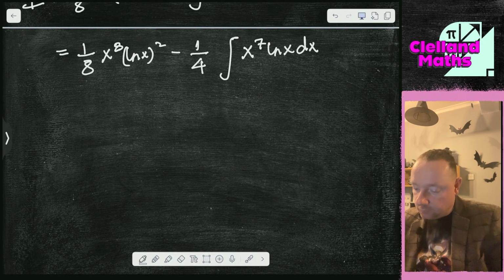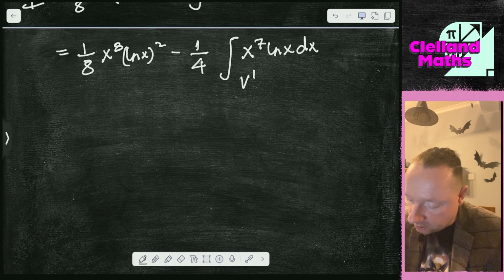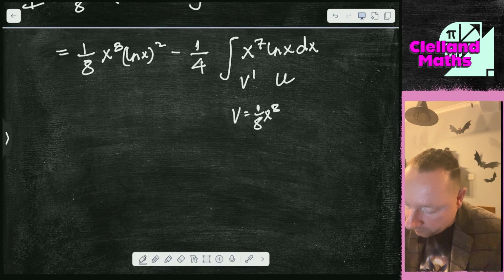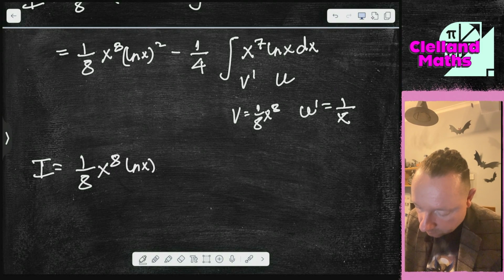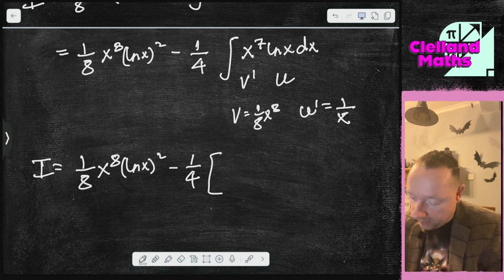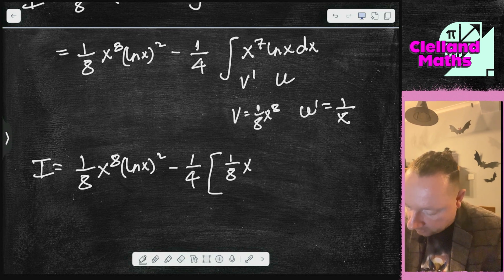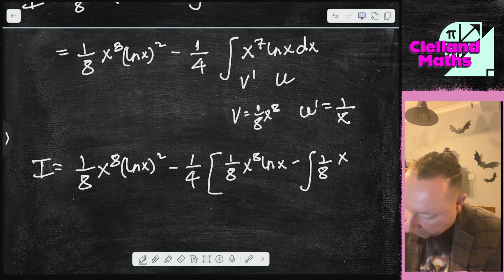So now examining this one, we have got x to the 7 log x, so uv dash again. So let's make that v dash and that u. Then v is equal to 1/8 x to the 8, and u dash is just 1 over x. So our integral becomes what we've already got, minus a quarter of uv again. So log x, 1/8 x to the 8 log x, minus the integral of vu dash, which is 1/8 x to the 8, but vu dash is over x.